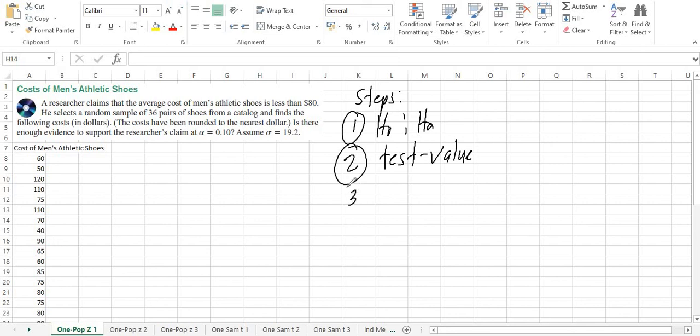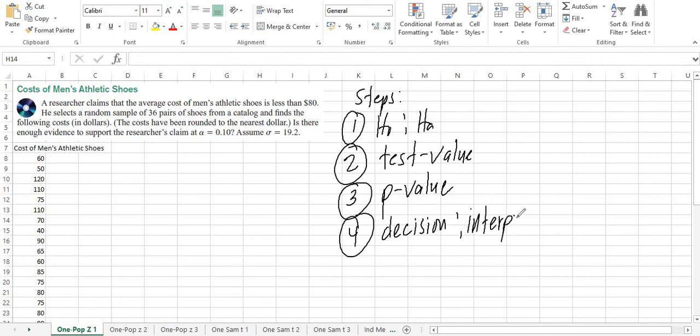Step 3 is computing for the p-value. And then step 4, we do our decision and interpretation. In the next video, we're going through the different steps of hypothesis testing, doing one population z-test.